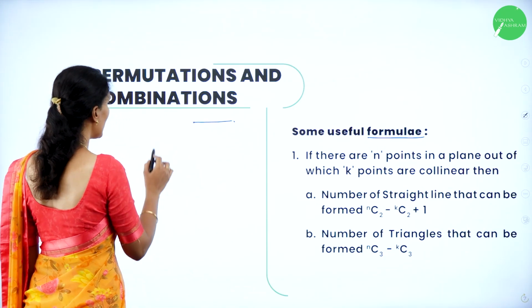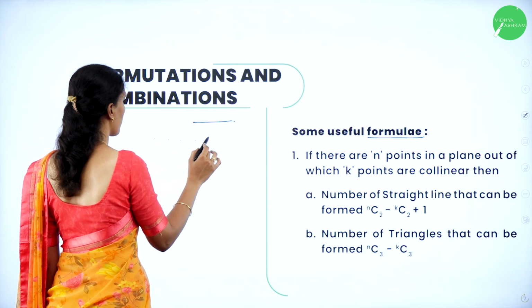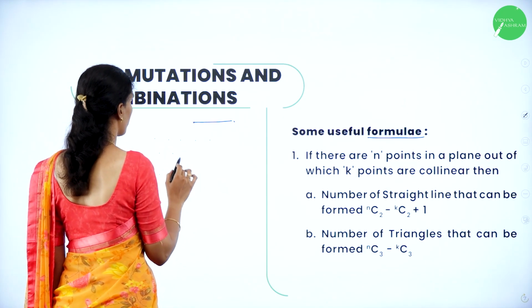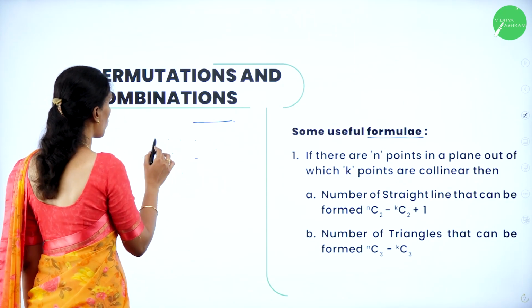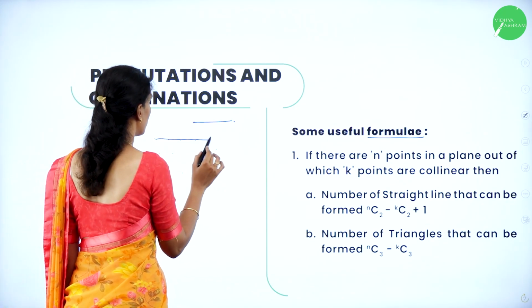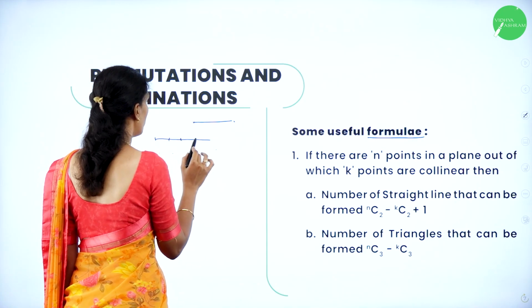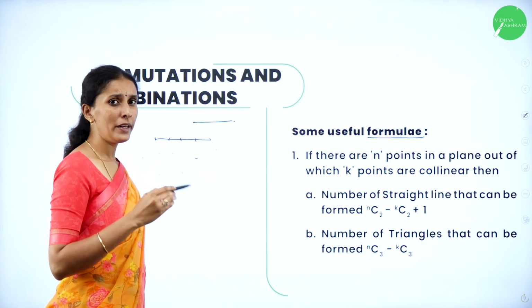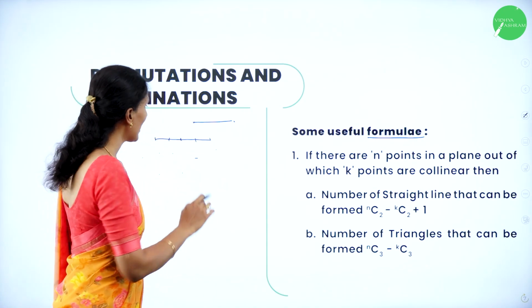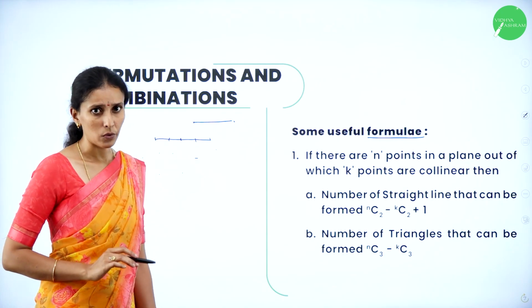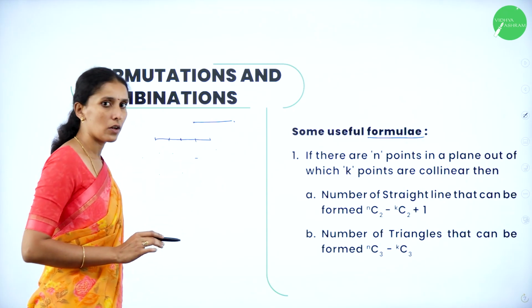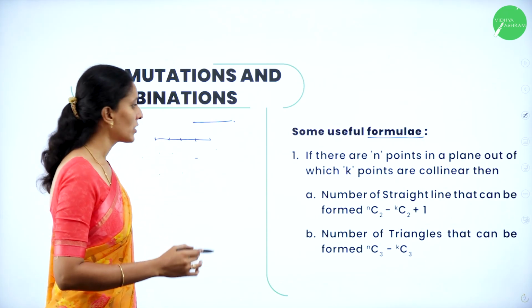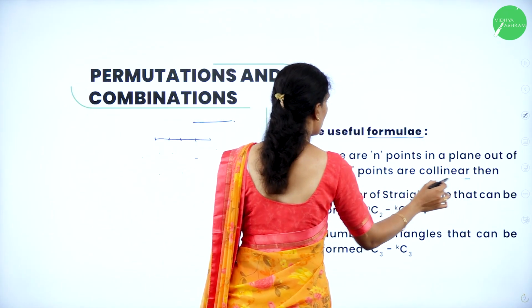Suppose you have many points like this. If I draw a line here, you have points here also. However many points you have, you will consider it as a single straight line only. You will not consider it as 1 line, 2 lines, 3 lines, 4 lines. Okay, so there are a number of points which are collinear.